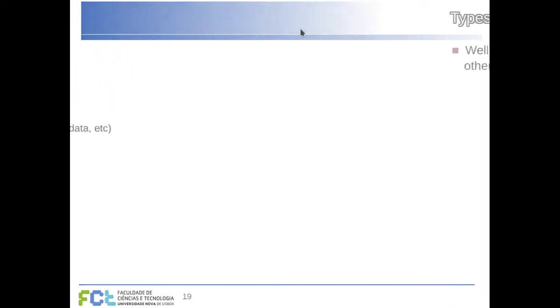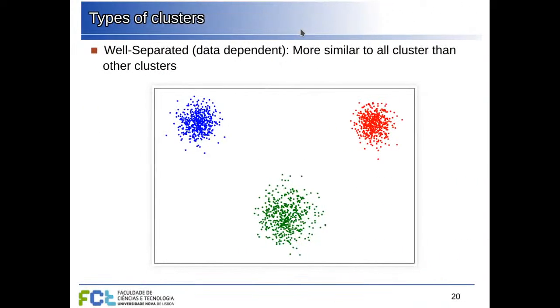Then there are other characteristics that we can find either from the data or from the interaction of the data with the parameters that we impose. In the data, we can see if the data gives us well-separated clusters, which means that examples within each cluster are more similar to each other than they are to examples in different clusters.